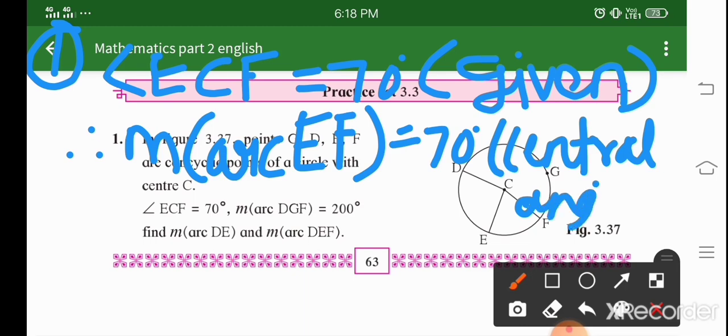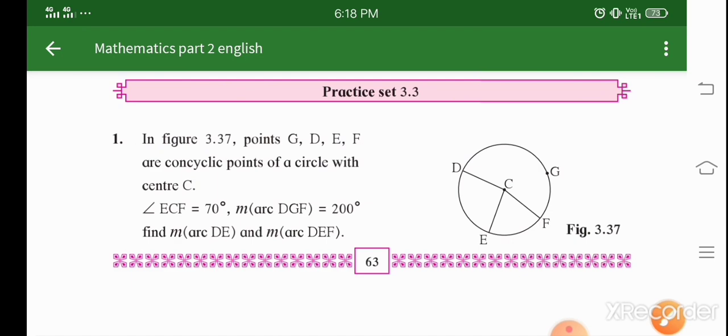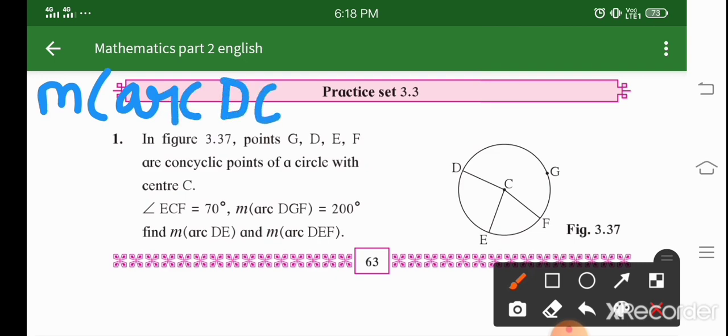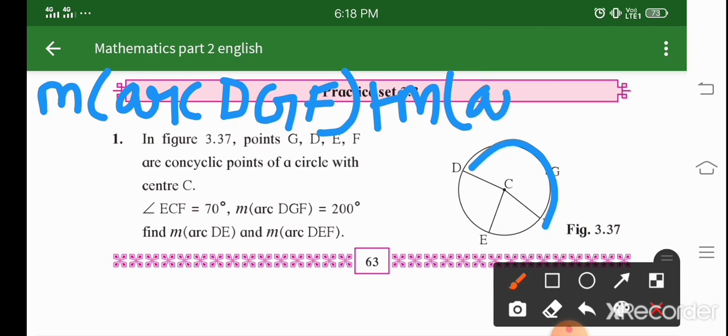Okay, this is clear. Now in the next one, see our major arc DGF, this arc, plus arc EF, this arc, and the remaining arc is our this DE.